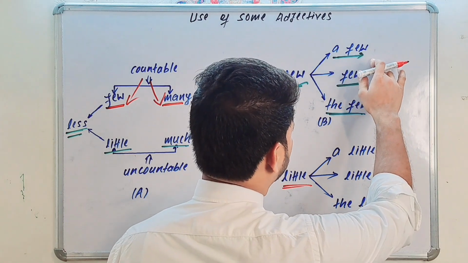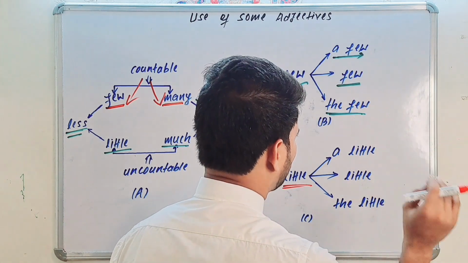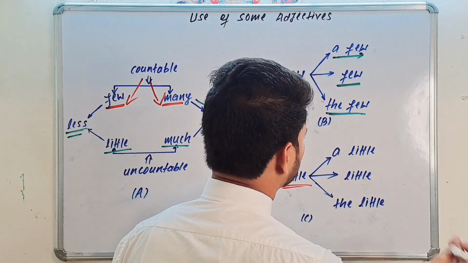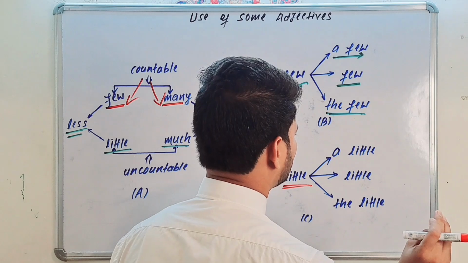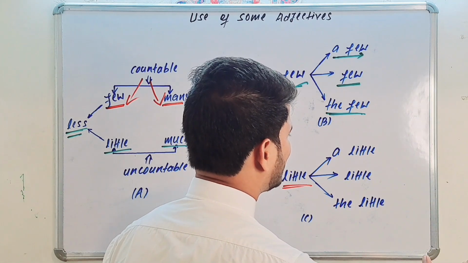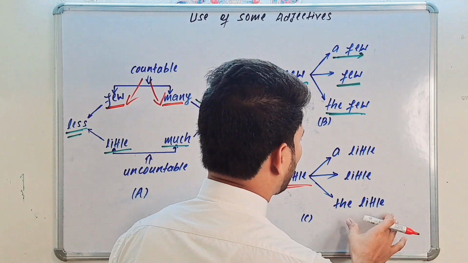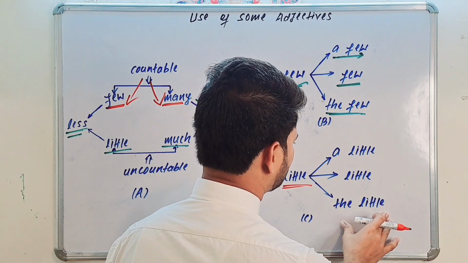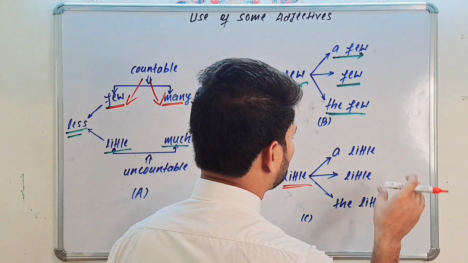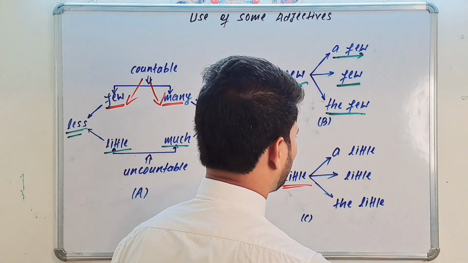A few means less in number. A little means less in quantity, and that is equal to something. Little means very less in quantity, and that is equal to nothing. And the little means what? The little means less in quantity but fixed, that can be indicated.